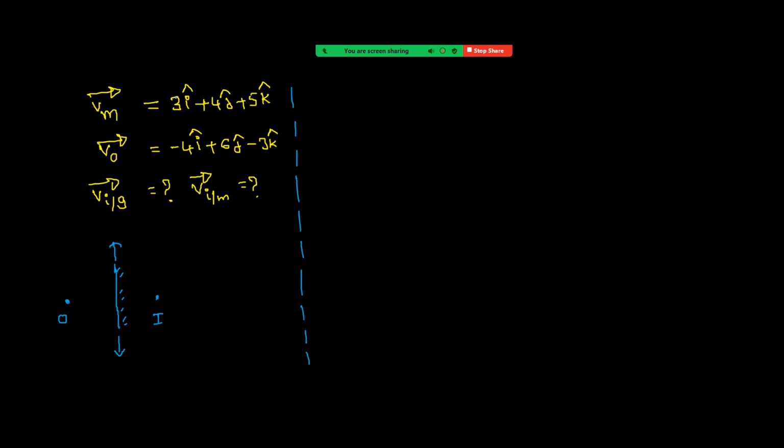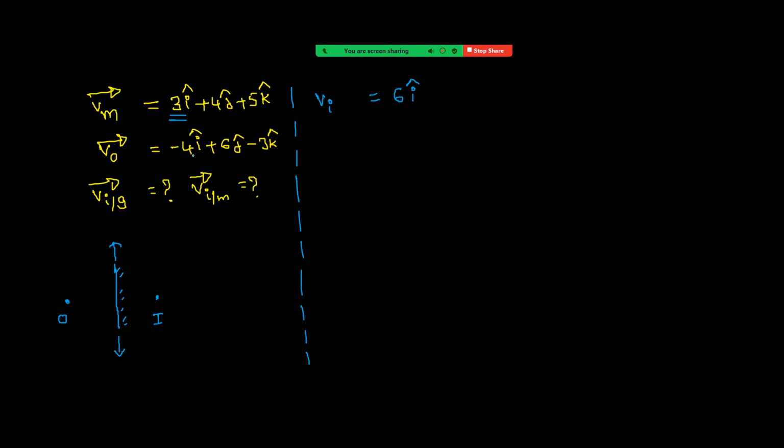It is now 3i cap. So only because of the motion of the mirror, because of this component, image velocity will be 6i cap.